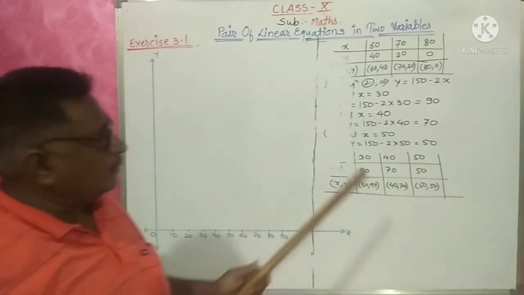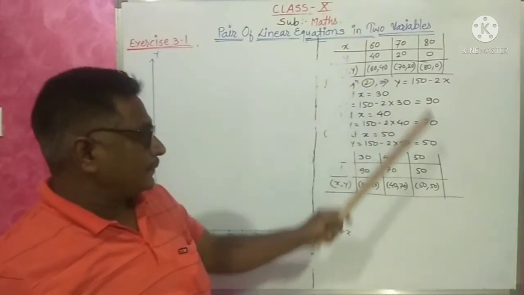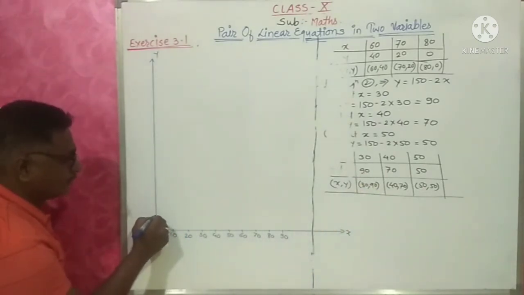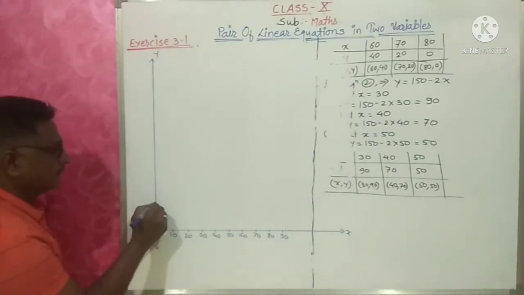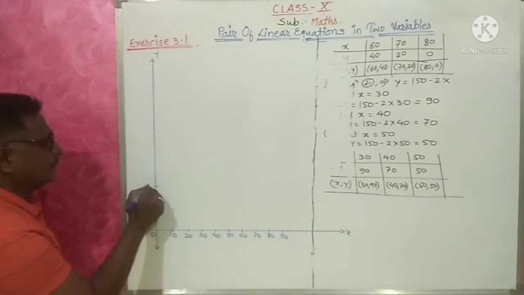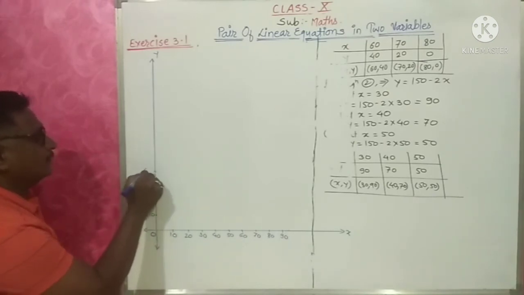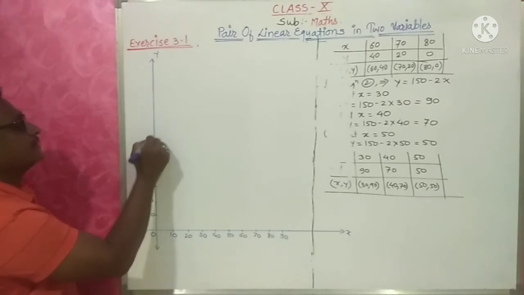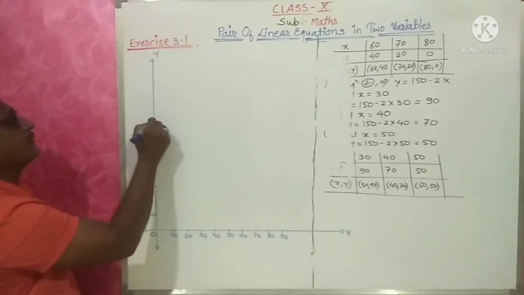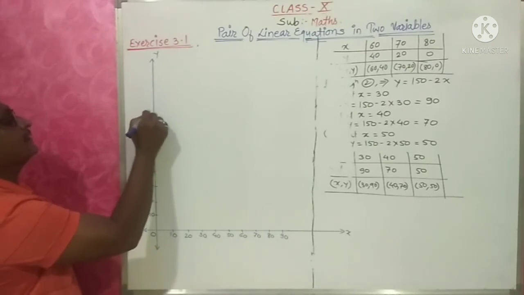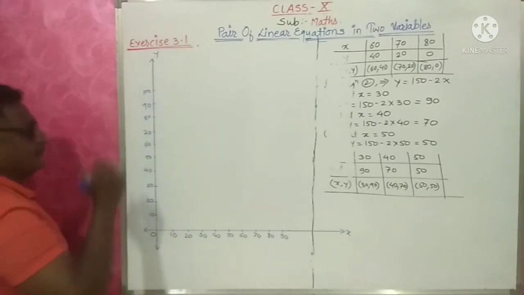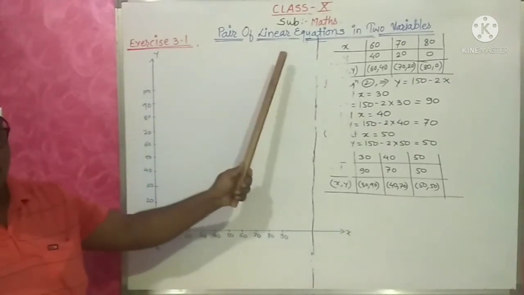What is the highest value of y? 90. 10, 20, 30, 40, 50, 60, 70, 80, 90, 100. How to write the scale you know now.